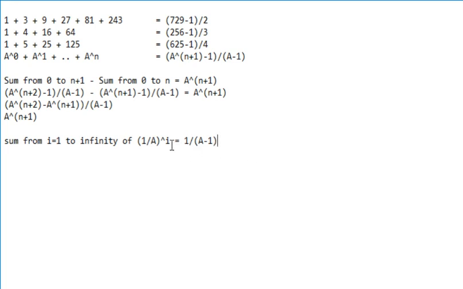Basically, imagine summing up every power of 2 in the negative way, so 1/2 plus 1/4 plus 1/8 plus 1/16 plus 1/32. Whatever, you just sum up all the inverse powers of 2, and when you sum them all up you get 1, because it would be 1 over 2 minus 1, which is 1 over 1.